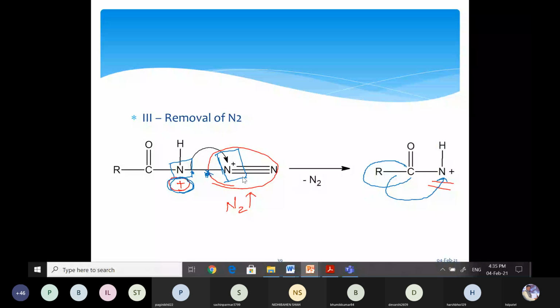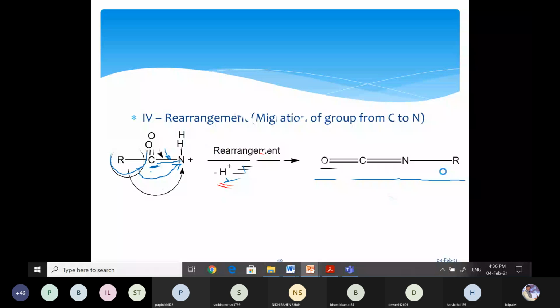Here you can see nitrogen has a positive charge, so it is electron deficient, and due to this characteristic, migration of the group takes place from the electron-sufficient carbon to the electron-deficient nitrogen.